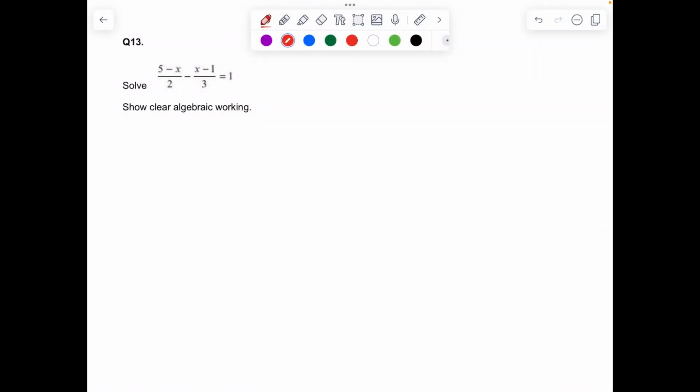I'm just going over this last one. Okay, so let's do the last one. So there are different ways you could do this. I'm going to make both denominators the same and then go from there. So I'm going to multiply this one by 3 to make the denominator 6.